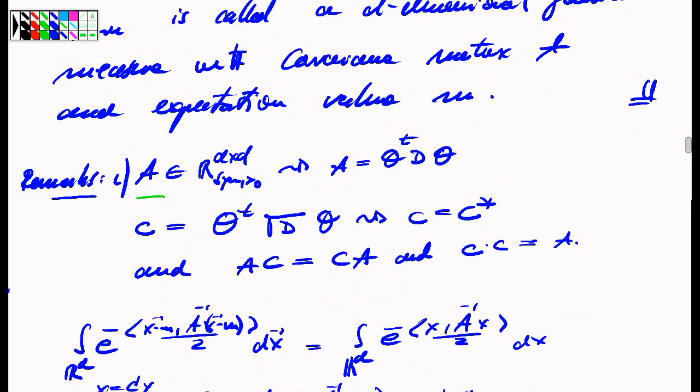Namely, if the matrix A is positive definite and symmetric, then we can do a spectral decomposition of the matrix A. We find an orthonormal eigenbasis of the matrix A, such that in this basis the matrix is diagonal, and this can also be expressed by saying that there is an orthogonal matrix Θ and a diagonal matrix D such that A has the representation as the product Θ transpose times D times Θ.